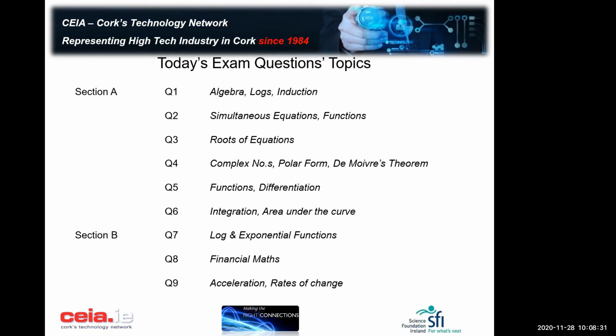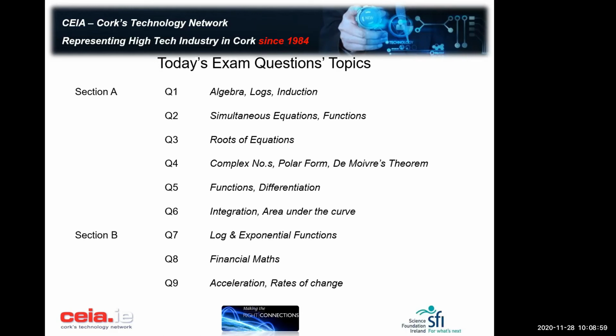This is a really good question because if you can do it, you're fairly strong on complex numbers. Then functions and differentiation, integration, and the area under the curve. I've noticed that integration is taking much more of a hold in papers in the last 2, maybe 3 years, whereas in the past it was just a small 1 or 2 integrals.